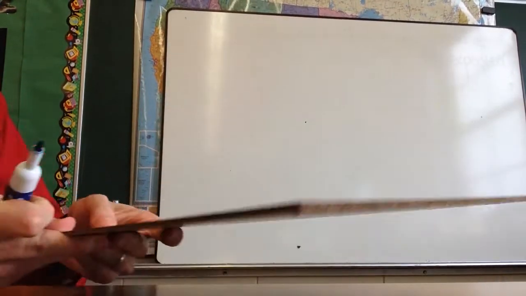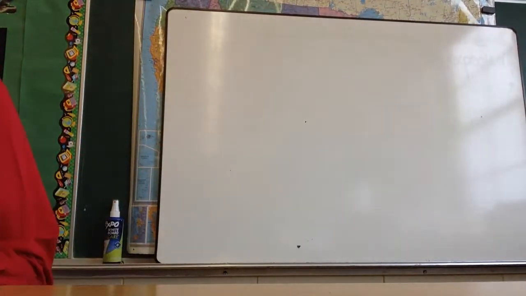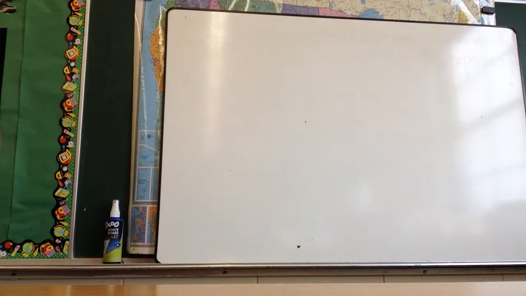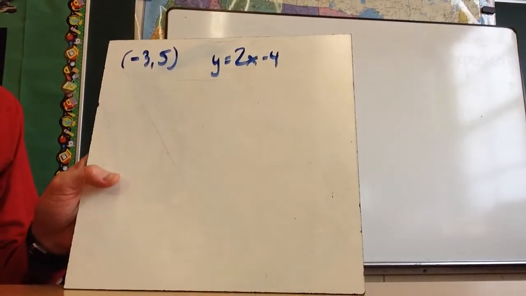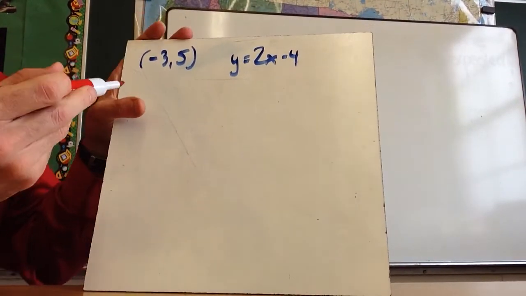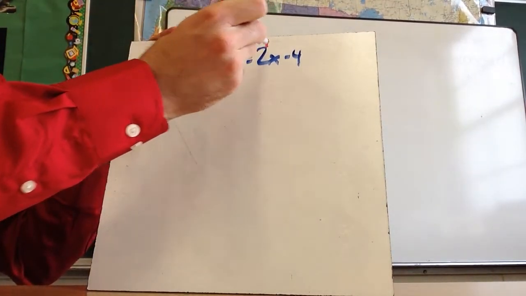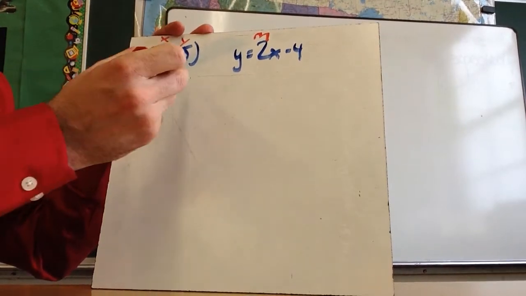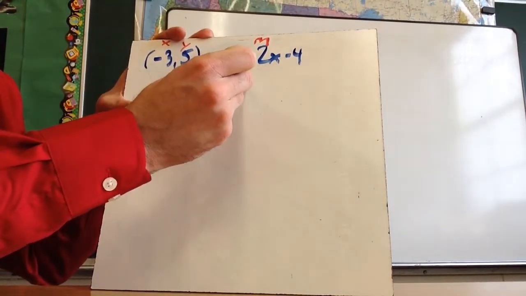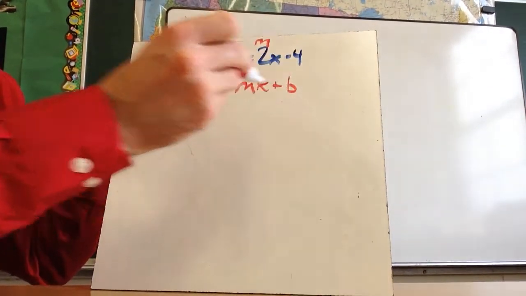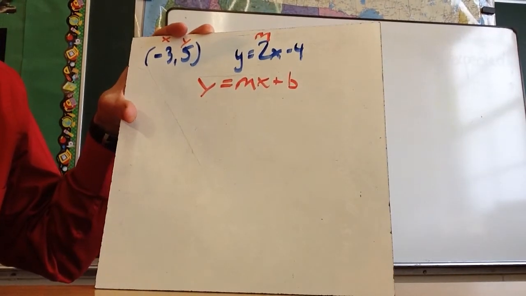I'm going to put this one off to the side because we're going to take a look at it in just a sec, because we're going to solve it again using a different method. So keeping in mind that this is my x and this is my y, and again I know that this is my slope, I'm going to use y equals mx plus b, and I'm going to determine what the b is, what's the y-intercept.